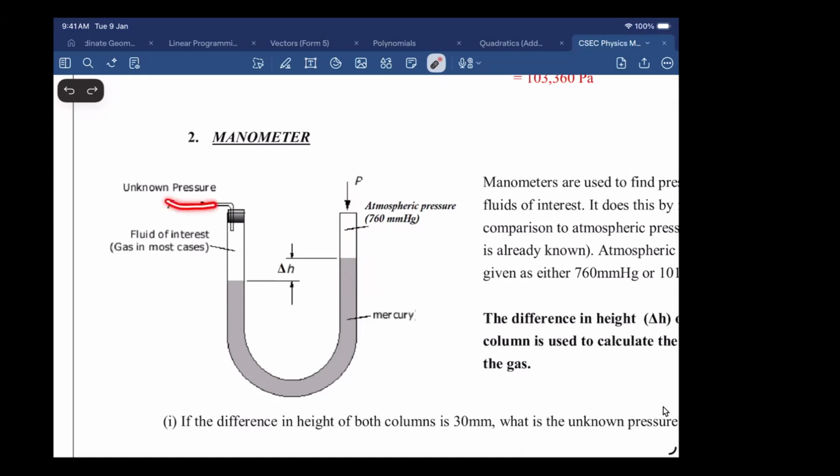They would put an unknown pressure here. So the mercury would be inside of this, and under normal circumstances, if there's no unknown pressure, what do you think is supposed to happen? Do you think it should be uneven, or do you think it should both be leveled if there's no unknown pressure acting on it? What do you think?